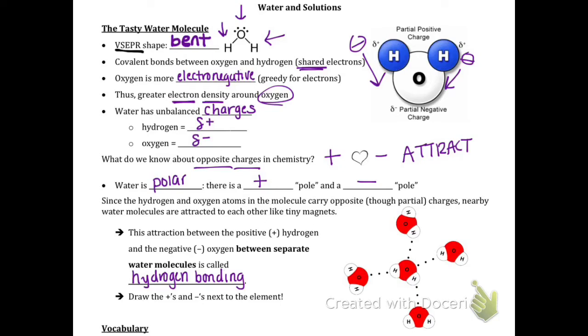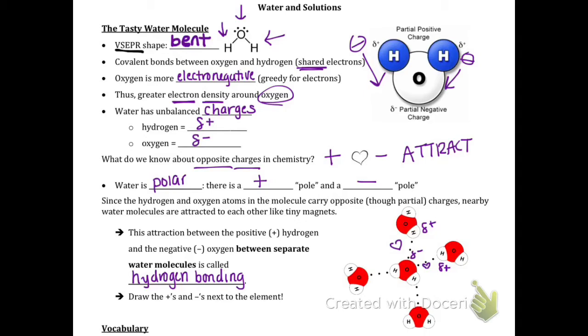Okay, you can see in this picture here that this hydrogen is partially positive. This oxygen is partially negative, so they are attracted to each other. Ooh, my heart looks a little messed up. So they are attracted to each other. This is partially positive hydrogen with a partially negative oxygen over here. So they're attracted to each other.